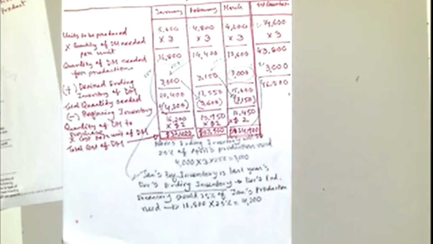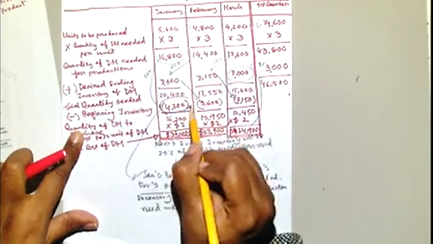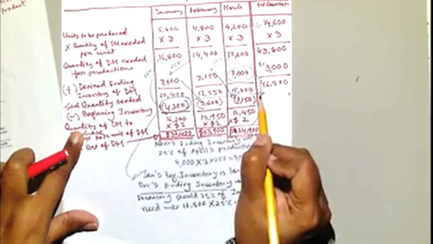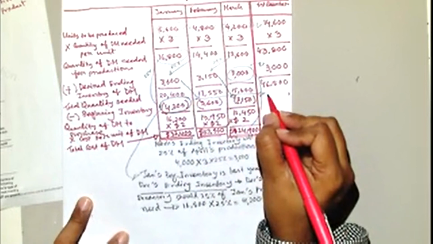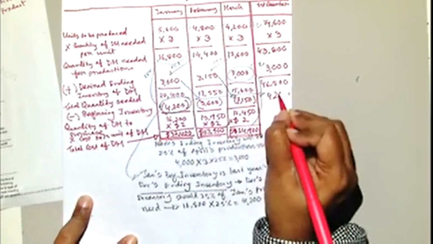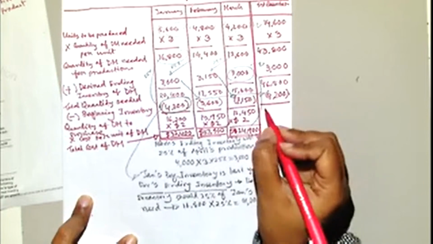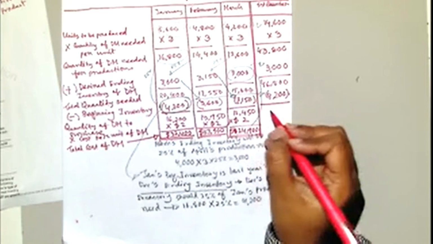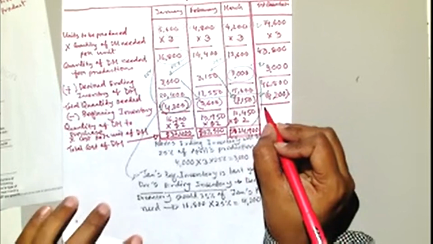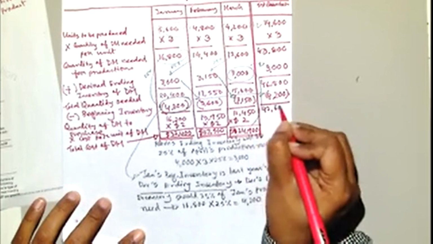Now, what will be your beginning inventory for the quarter? Beginning inventory means on the very first day of the quarter, what was your beginning inventory? That will be the entire quarter's beginning inventory. Yes, it is 4,200. So we're going to subtract this, and then the total amount of direct material you need to purchase is 42,600.